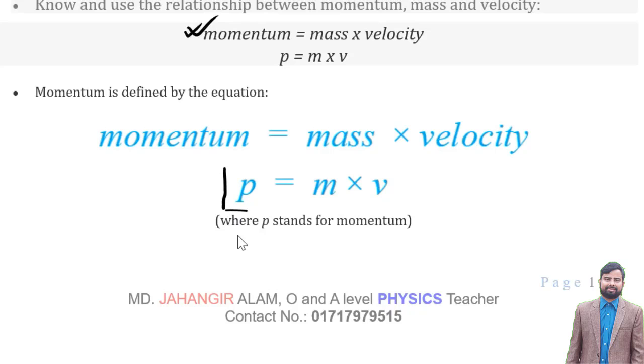So remember this relation, P equals mass times velocity, where P is the momentum, m is the mass, and v is the velocity.